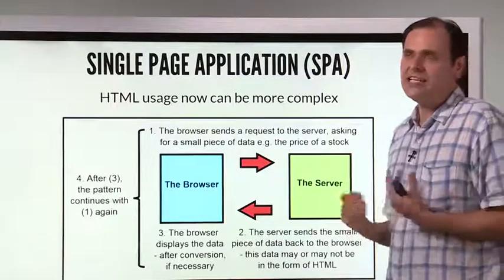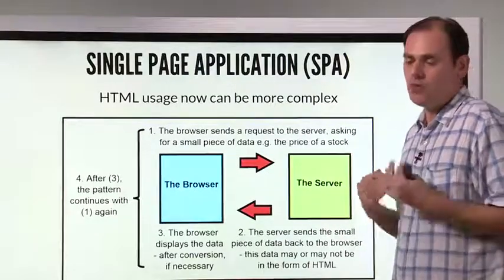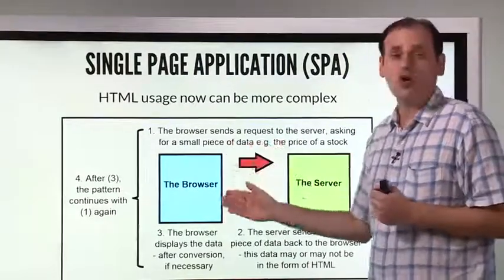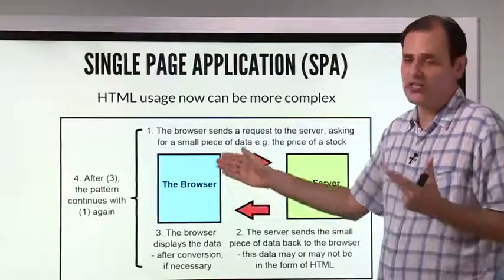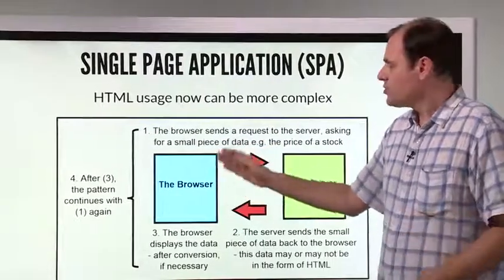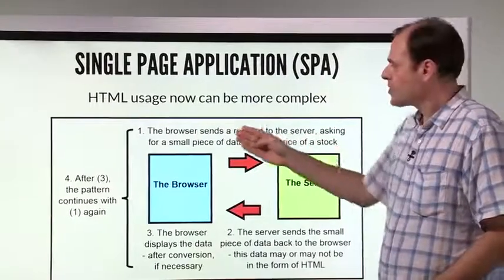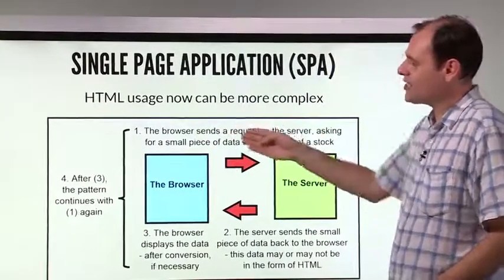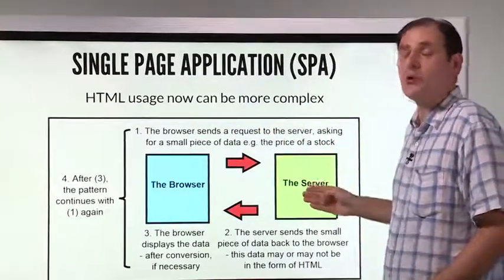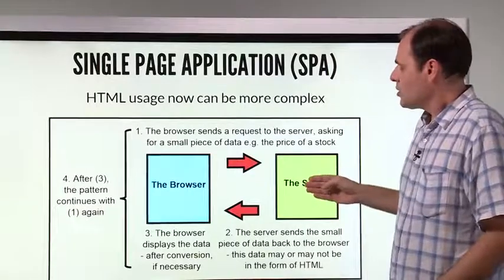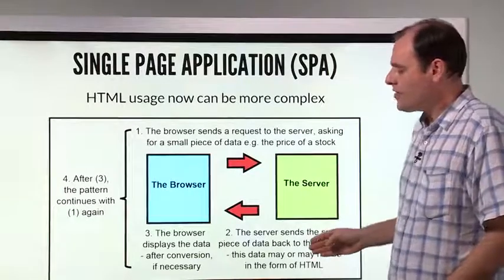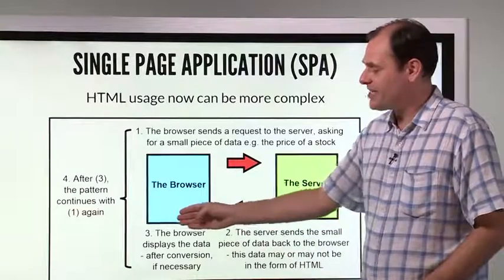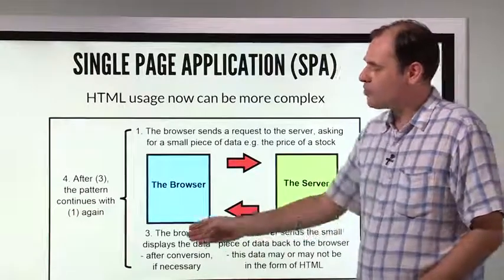For example, let's say you have an application for buying and selling stock information, stock prices, things like that. So you want to buy some stock. You send a request to the server, I want to buy some stock. The server responds with a small piece of data, and that comes back to the browser.